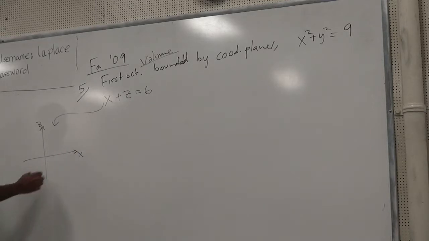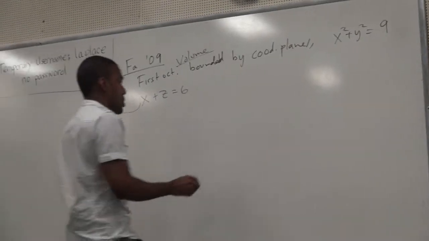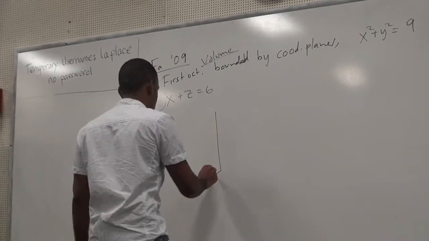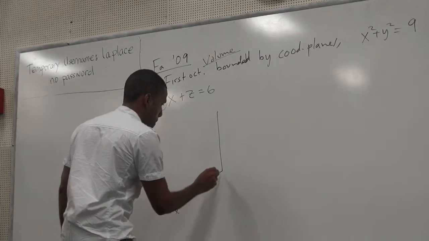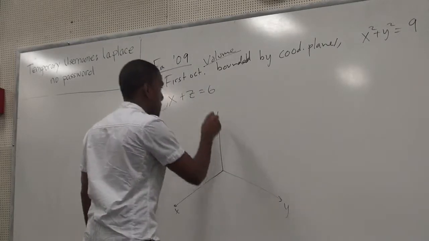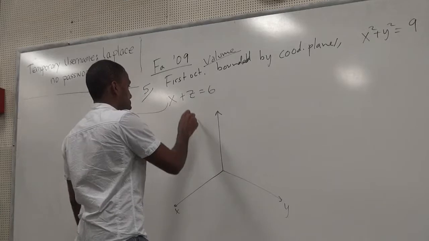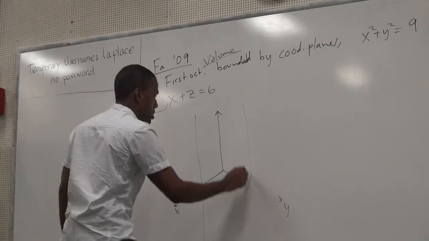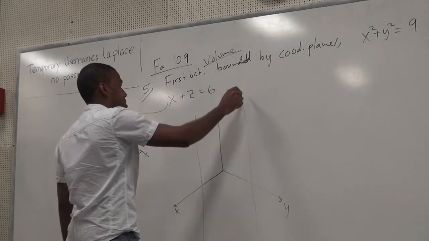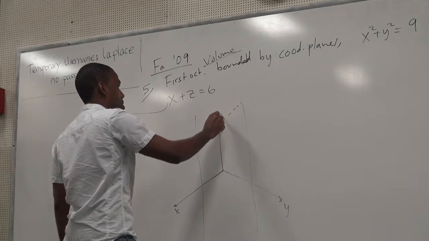This means the plane slants this way. So what I'm looking at is a cylinder here, and then there are planes cutting through it like that.